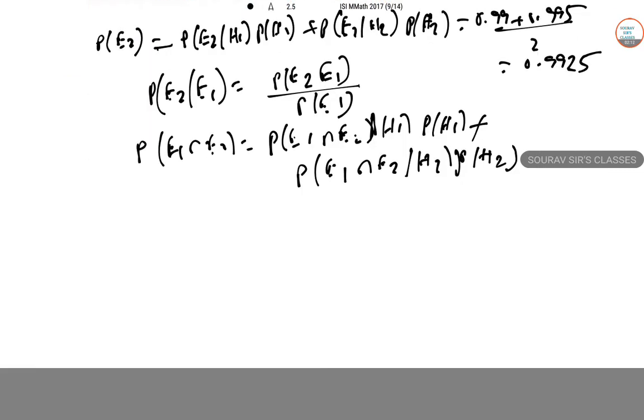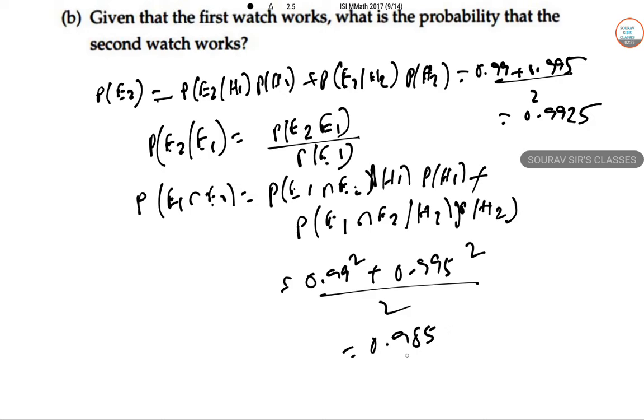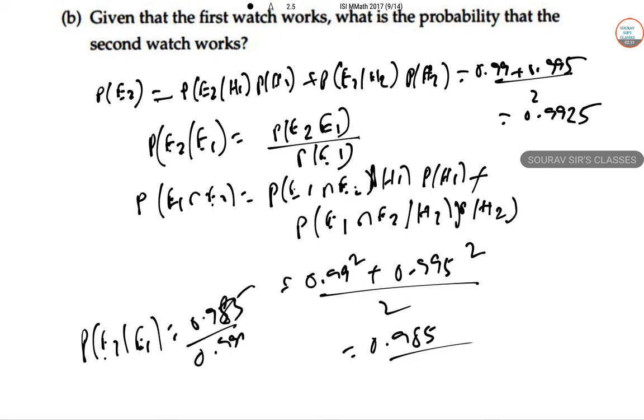This time it comes with a square, so (0.99 square plus 0.995 square) by 2, which is 0.985. So the final answer is P of E2 given E1 is 0.985 by 0.9925.